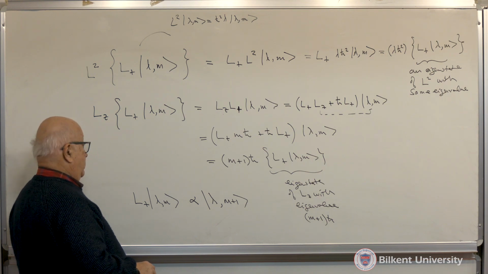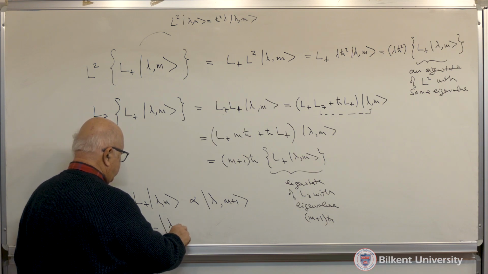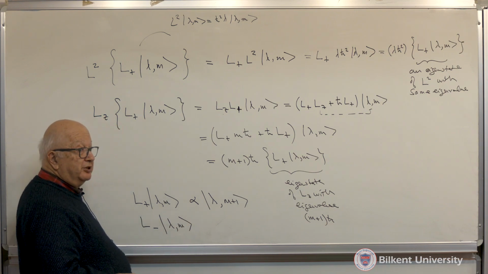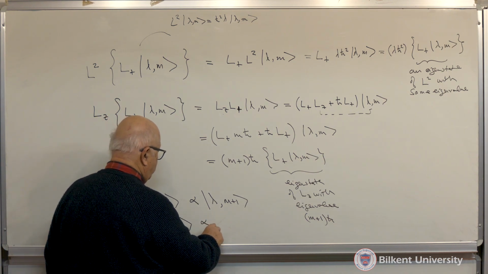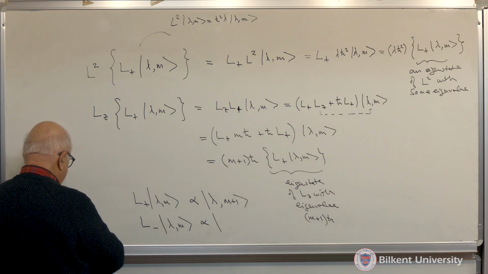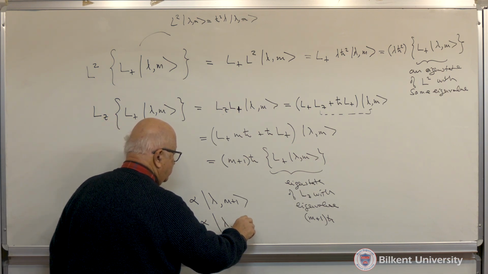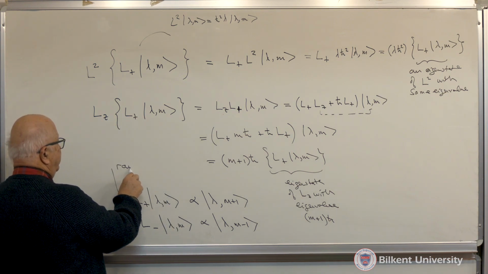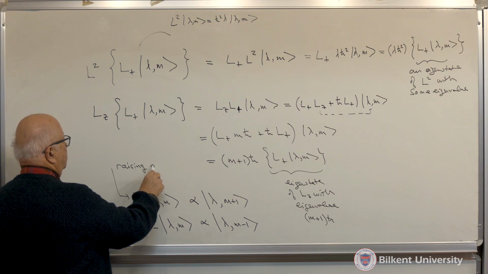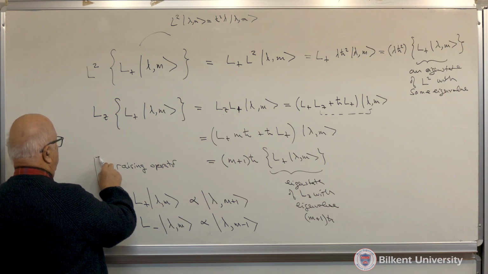Now, I'll not do the L minus, so it will be a big suspense for you what it is. What's it going to be? m minus 1. So it's going to be proportional to lambda m minus 1. This is an exercise, just go through this. These things are called the raising operator and lowering operator.